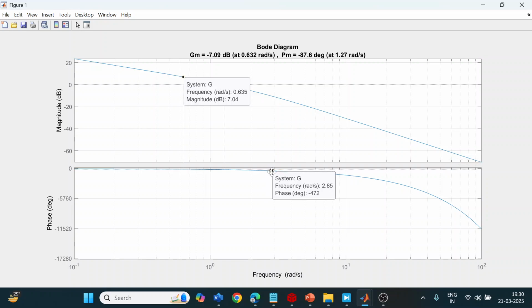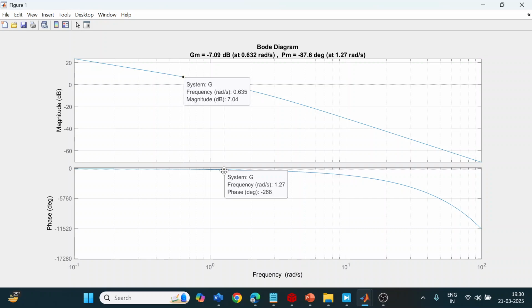You can find out at 1.27, here it is 1.267. At exactly 1.27 radian you can see what phase angle is contributing. The phase angle at 1.27 is minus 268 degree. It means whatever system you have, that system has a phase of minus 268 at this particular frequency 1.27.